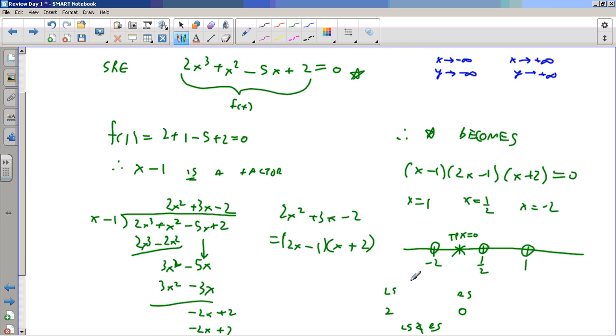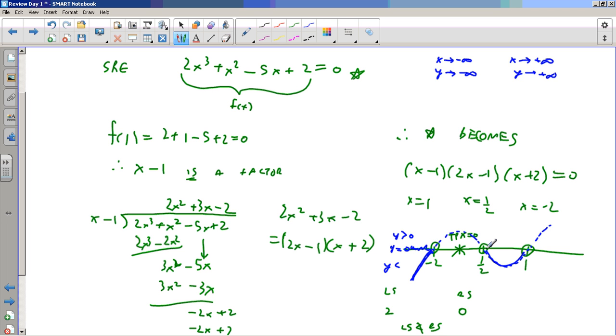Well, remember, I'm looking for where this function is less than 0, right? Well, here's where it's equal to 0. Up here is where it's greater than 0. So when the function dips below the x-axis, my imaginary x-axis that I put on as my number line, well, here are my solutions.